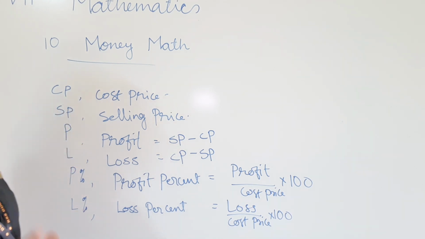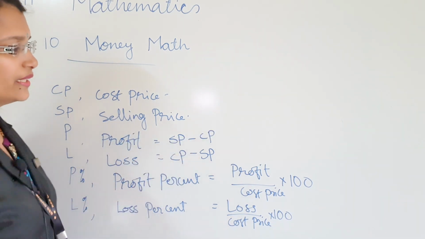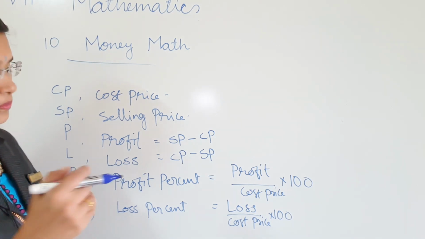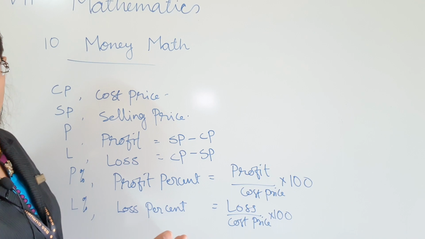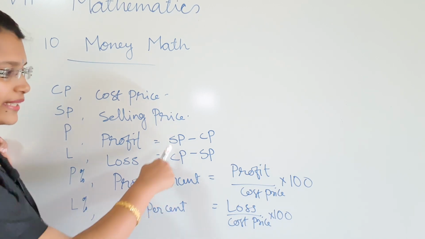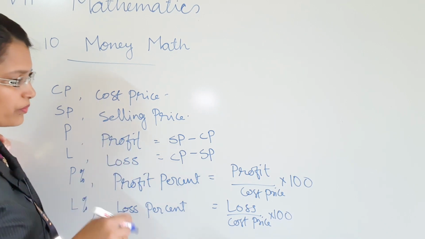Selling price means the price at which we sell the things is called selling price. Profit means selling price minus cost price. That means you bought a thing for 10 rupees and you are selling for 15 rupees. So you will get extra money. Those extra money is profit.